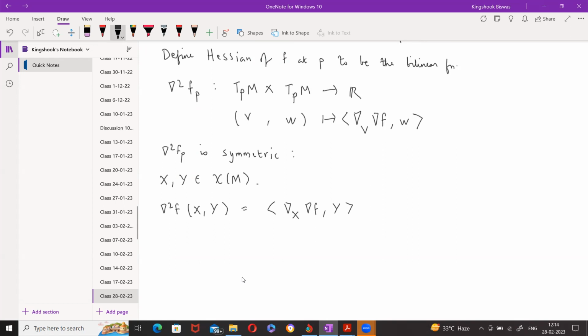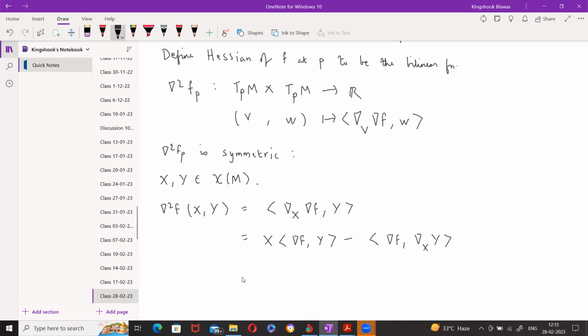So by metric compatibility, I can write this as X applied to the function inner product of grad f with Y. But then I'll get another term, the inner product of grad f with nabla_X Y, so I have to subtract that term.